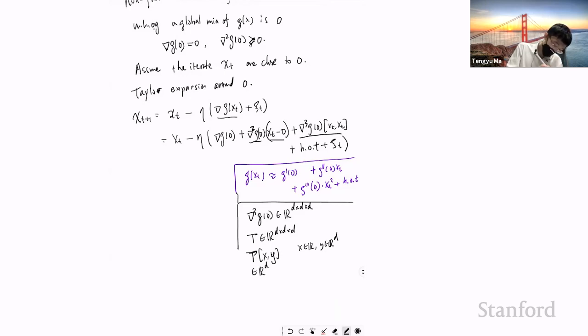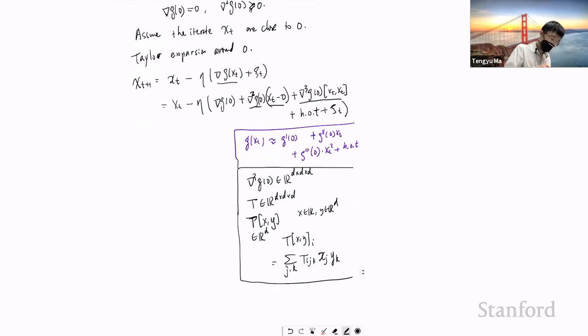First of all it is a vector, and second, the definition is that the ith coordinate is the sum over j, k of T_ijk x_j y_k. So basically, you sum over the remaining coordinates j and k, and you leave i alone, and that's the outcome. So this is basically the Taylor expansion in multiple dimensions.